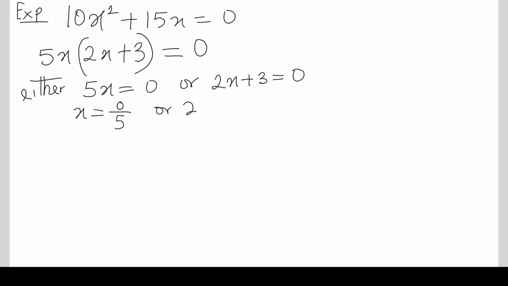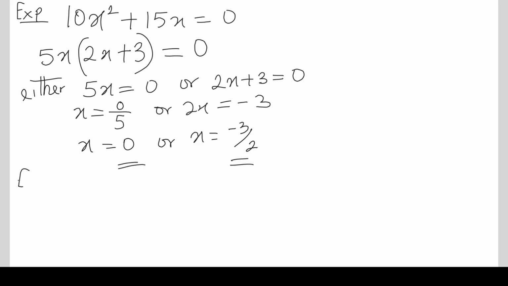Or we say 2x equal to minus 3, so x equal to, dividing both sides by 2, minus 3 over 2. So these are the solutions to the quadratic equation. Now let's move further into solving other ones.